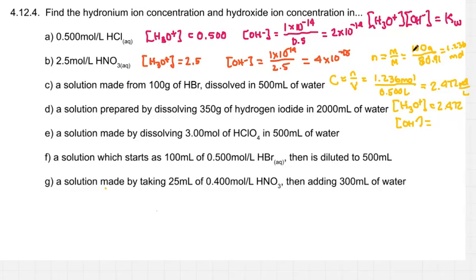So 1 times 10 to the minus 14 divided by 2.472 gives me 4.05. Am I okay on sig digs? Yeah, 3 sig digs for this. 4.05 is correct, times 10 to the minus 15. Again, super high acid, super low base. This is expected.